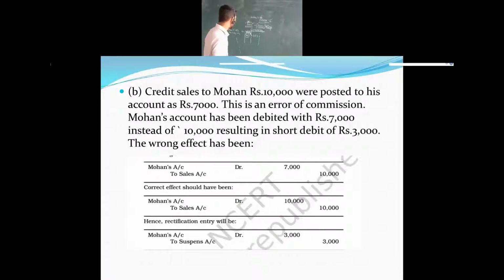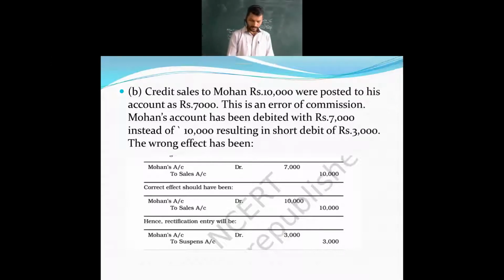So it is taken as Mohan's account debit, how much? 3,000 is the amount, and then to suspense account 3,000. So the things will get corrected. Now every time you have to find out what kind of error has taken place.